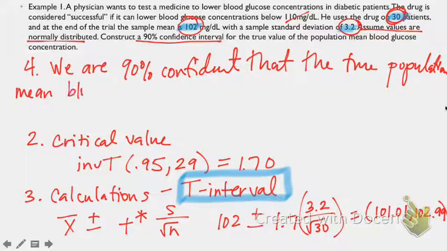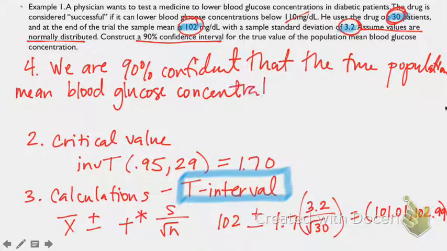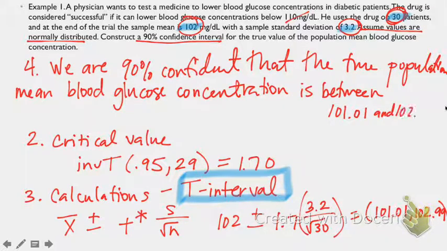Blood glucose concentration, is between 101.01 and 102.99 mg/dL.